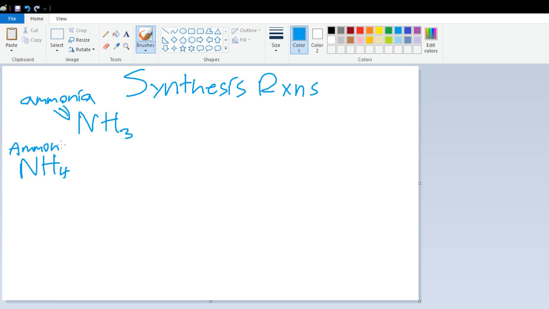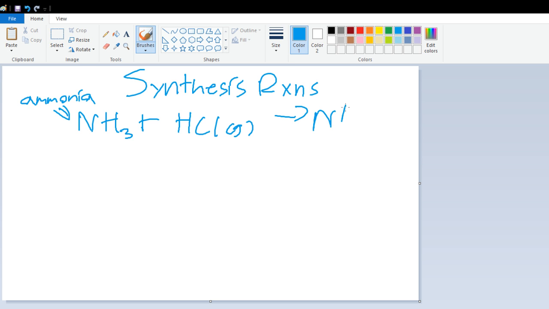This is somewhat tricky for some people to grasp, and it was pretty tricky for me too, but you just gotta remember NH3 is ammonia and NH4 is ammonium. The synthesis reaction itself is ammonia and hydrochloric acid into NH4Cl, ammonium chloride, I believe.